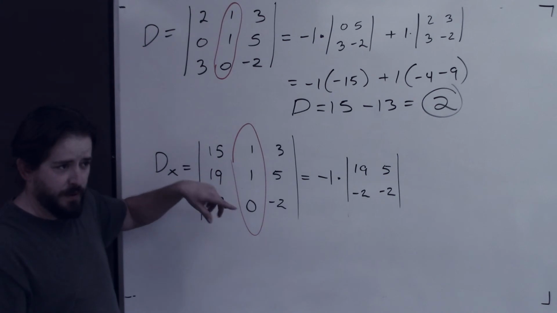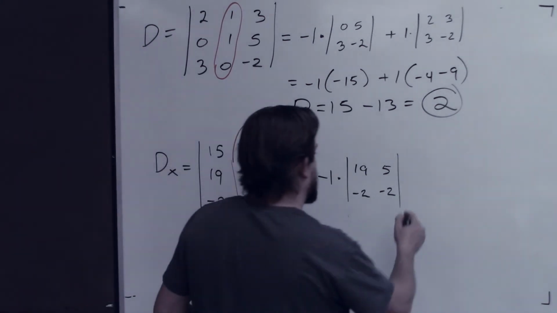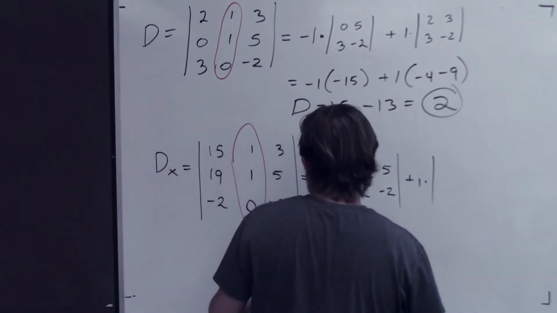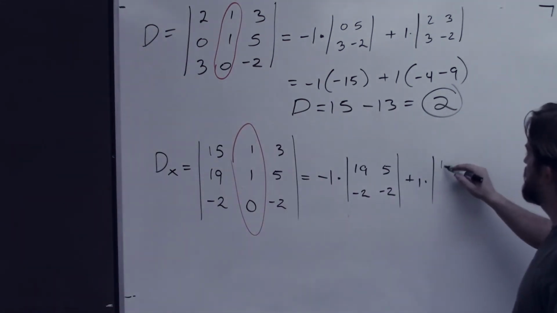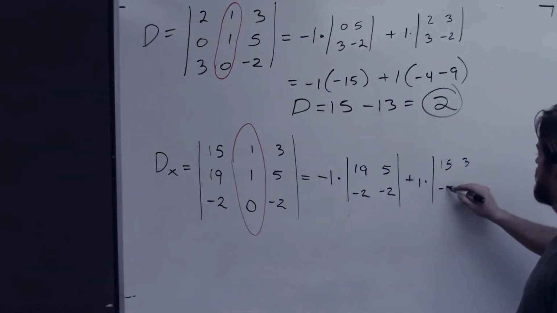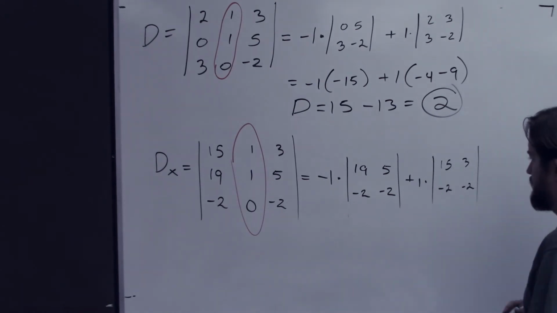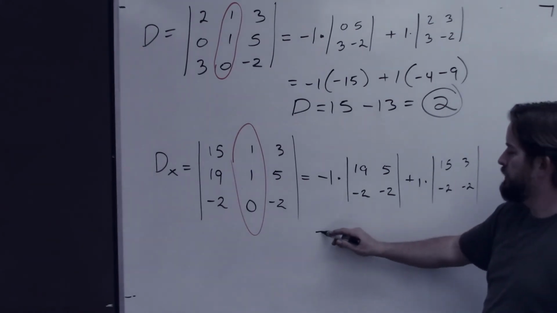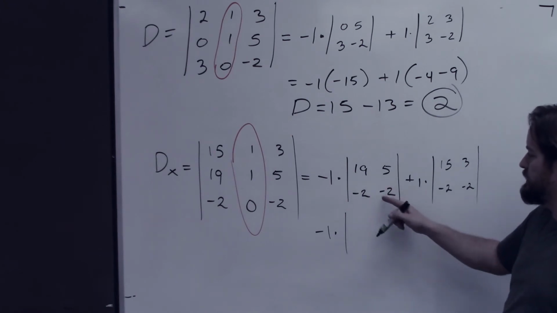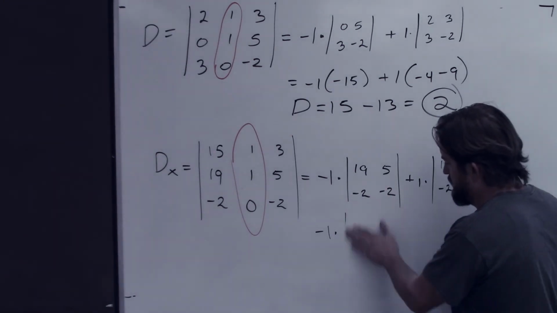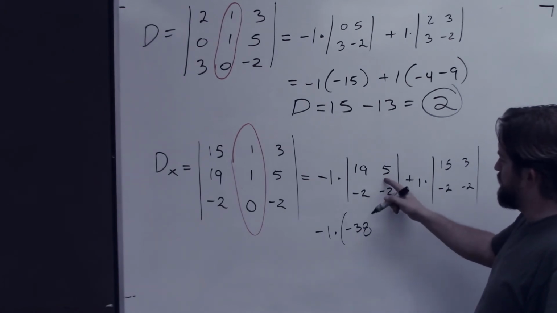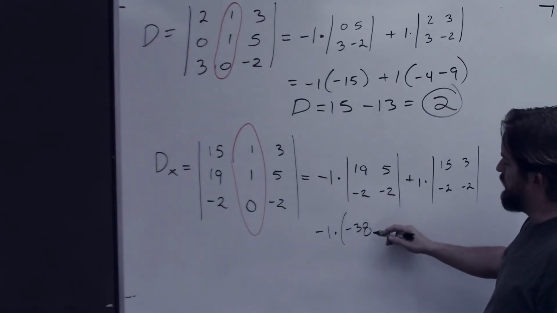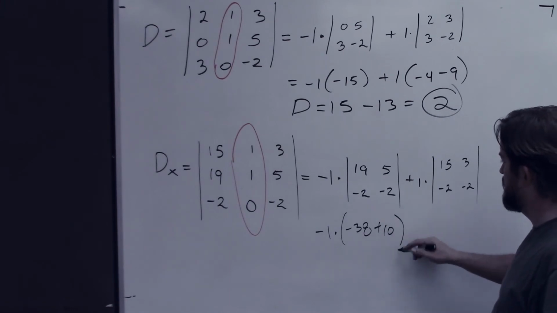This next one is back into a positive spot, so I don't change the sign, so it's +1 multiplied by 15, 3, -2, -2. Or -1 multiplied by 19 times -2 is -38. 5 times -2 is -10, so minus -10 is +10.